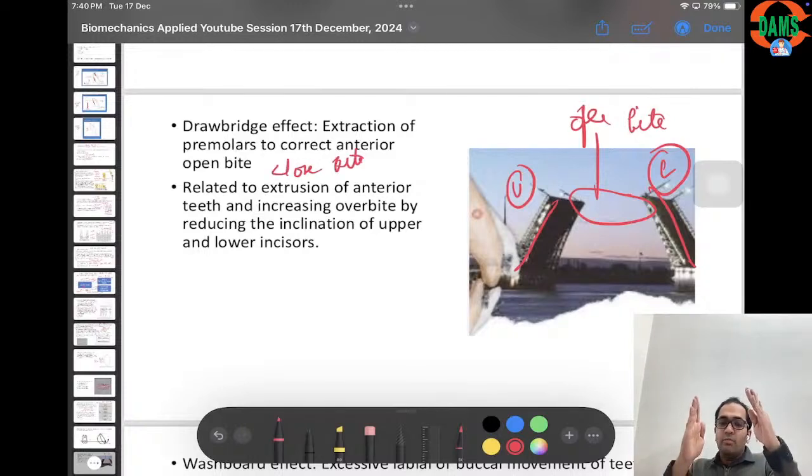So these bridges are getting closed and retracted like this. It is related to the extrusion of anterior teeth and increasing overbite by reducing the inclination of upper and lower incisors. So the incisors are getting retracted like the two ends of the bridge and they are getting closed. This is known as the drawbridge effect.